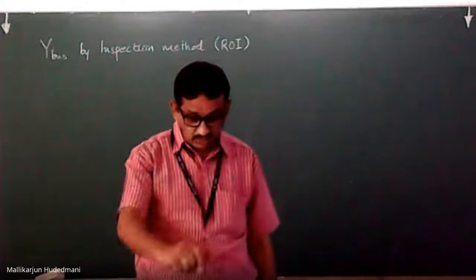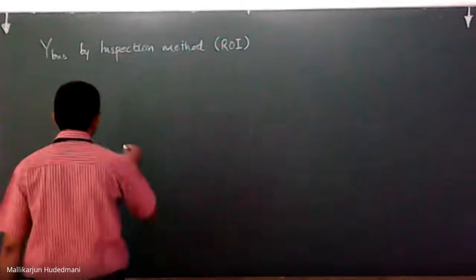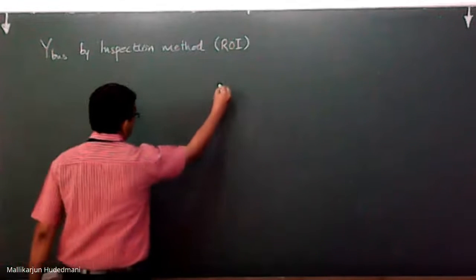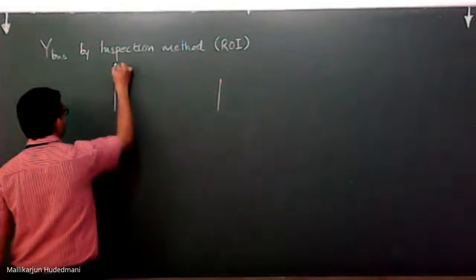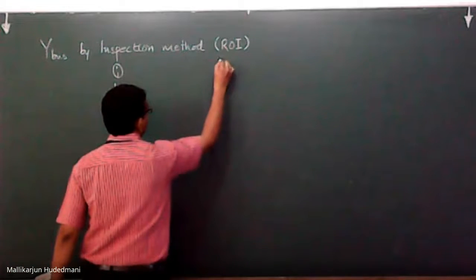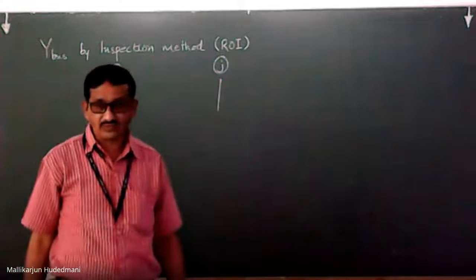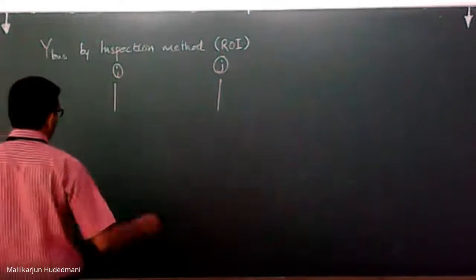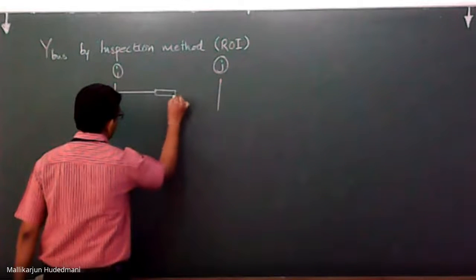Now, one addition to that. Suppose the transmission element, let me put it this way. Suppose I have a bus in this way and I have another bus in this way. If I call this bus I and this bus J, like 1, 2, 3, 4 of the system or problem like yesterday, let us imagine there is a transmission line represented like this.